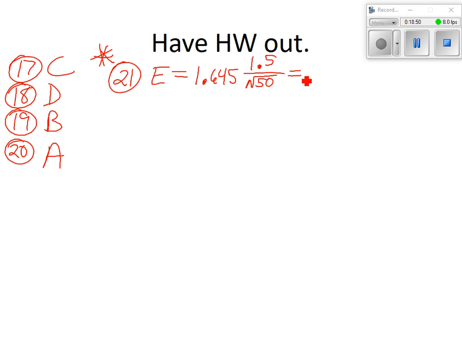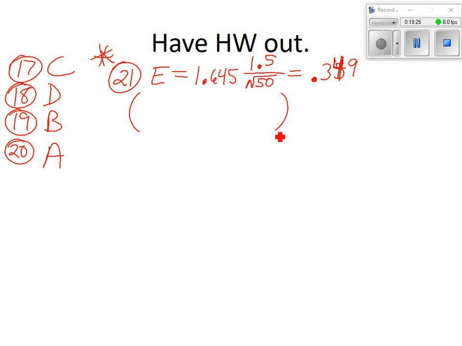Figure that out for us, what's that? 0.35. Oh, 0.349 then. Now the book tells you different stuff than what I do. On these, I go out 3 places every time. They say go out different for each problem. I don't like doing that because that just confuses me. So I just go out 3 places every time.